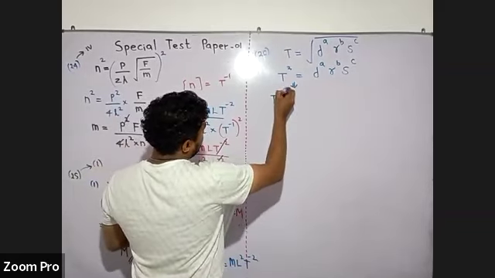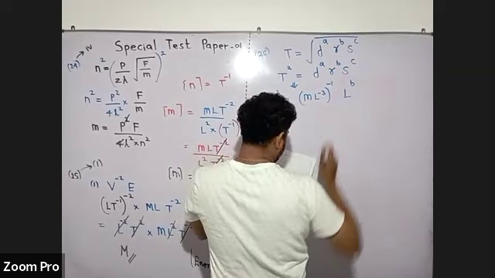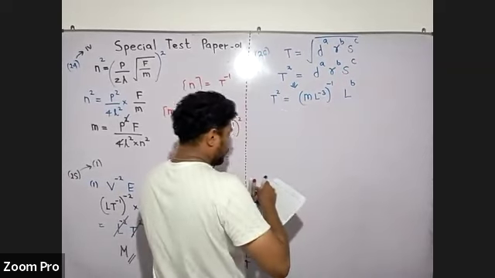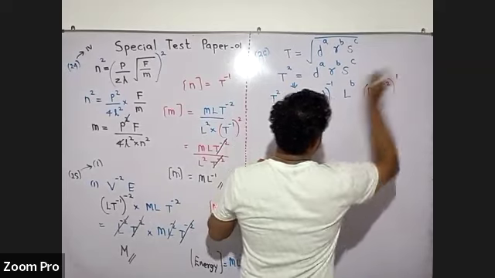T squared; d means density, which is M L minus 3, with A as minus 1; r means radius, so it is L to the power B; S means surface tension, so it is M T minus 2 to the power plus 1.